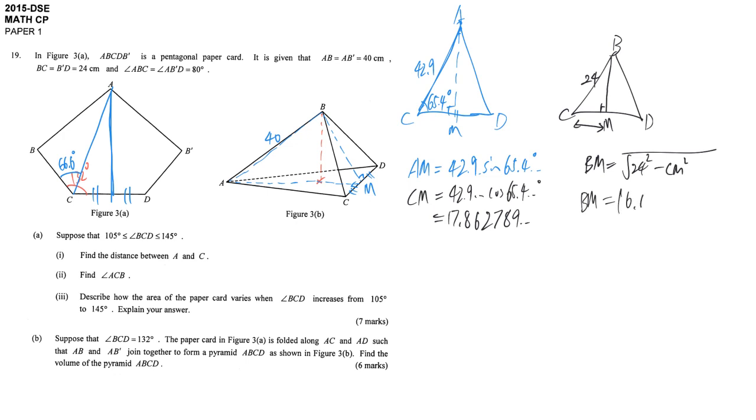We get 16.0287 something. And then you may try to find the height by using the cosine formula to get this angle BAM, and then you use the sine ratio, and we get the height here. So I try to find angle BAM now.